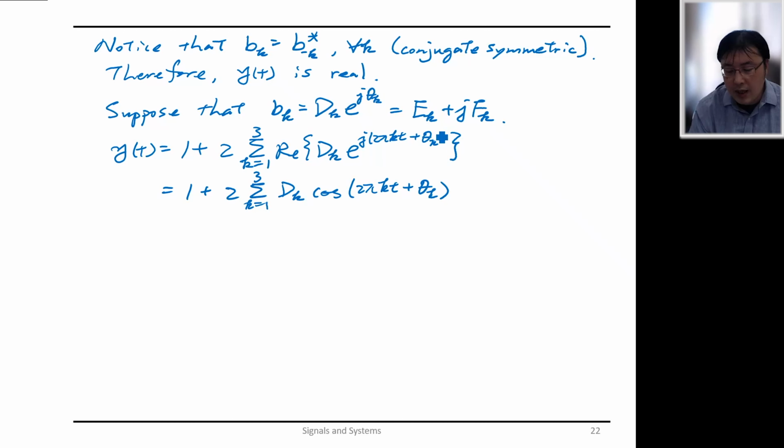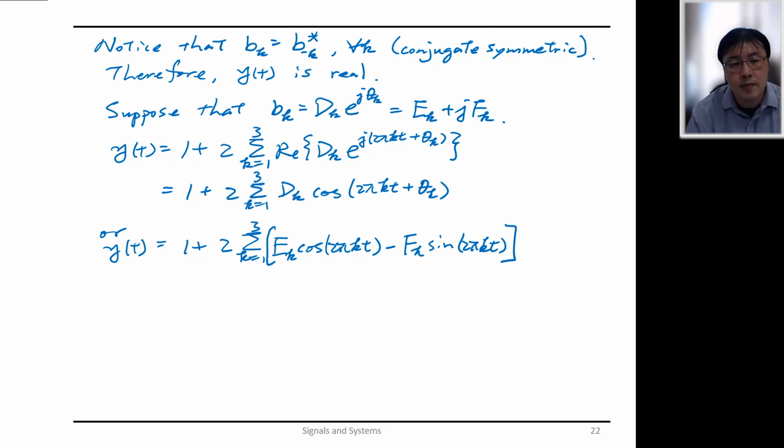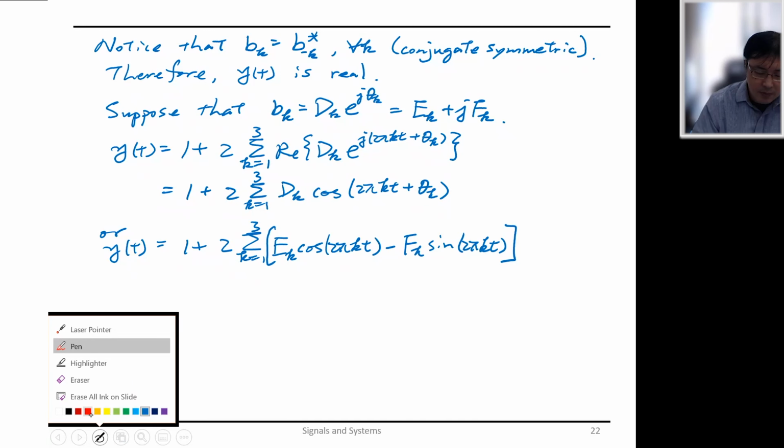Or if we represent b_k as e_k plus j f_k, then we can write this as 1 plus 2 times the summation k from 1 to 3 of e_k cosine 2 pi k t minus f_k sine 2 pi k t.